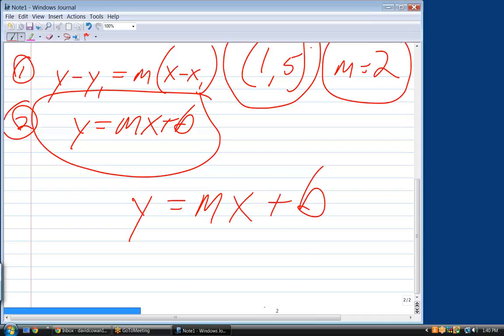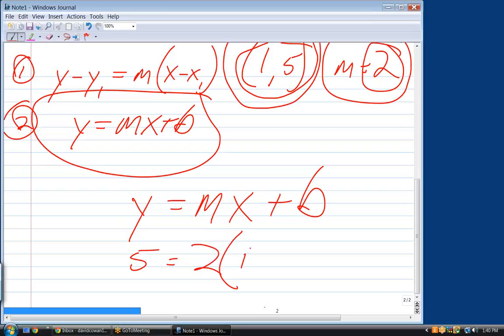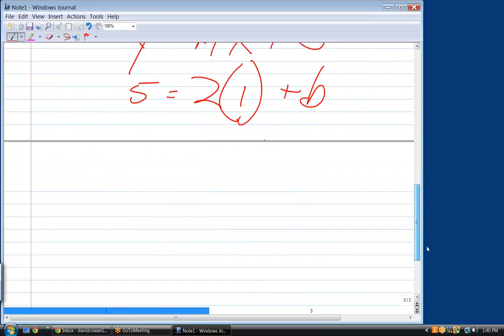I know an x and a y, and I know the m. So let's substitute 5 for y, 2 for m, 1 for x, and we'll be able to solve for b. And this actually gets it a little more directly than the first method did.